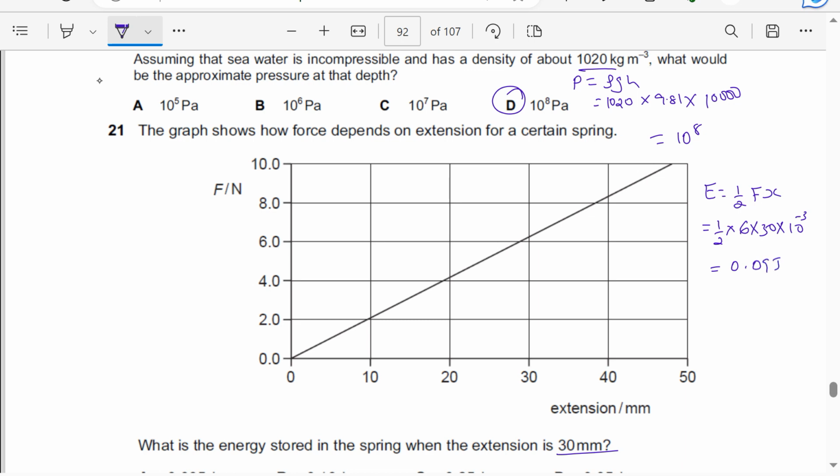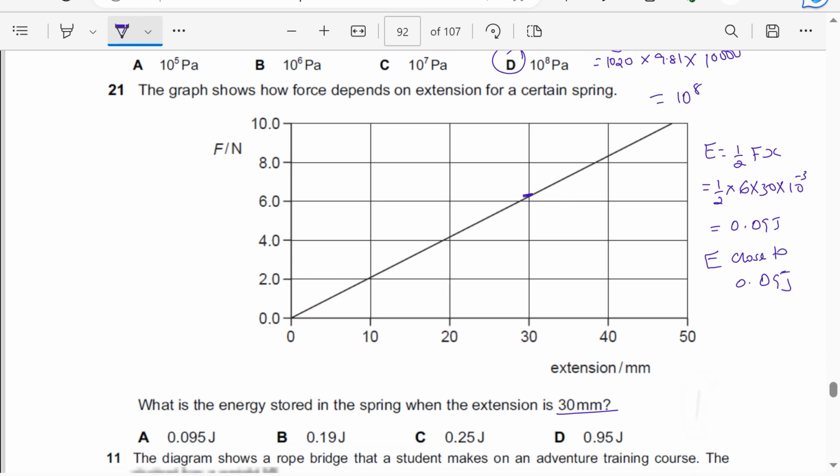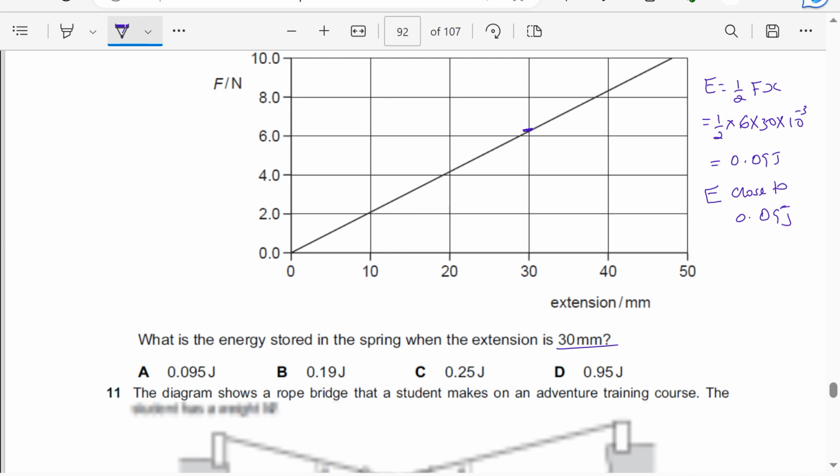Remember, I took 30, but it's supposed to be slightly above 6. 30 corresponds to a force which is slightly above 6. That means the energy should actually be greater, but should be close to 0.09 joules. This may not be exactly 0.09, but close to 0.09 joules.